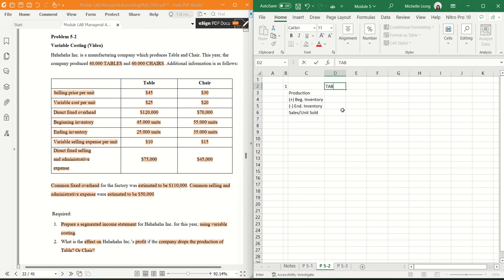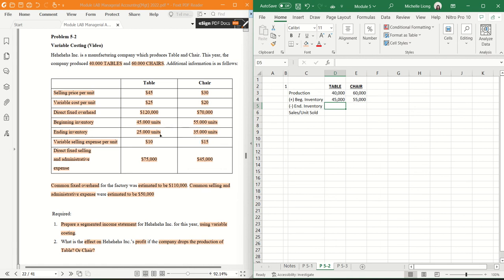Table, and this is for chair. Production: they produce 40,000 for tables and 60,000 for chairs, in units. Beginning inventory is 45,000 units and 55,000 units for chair.